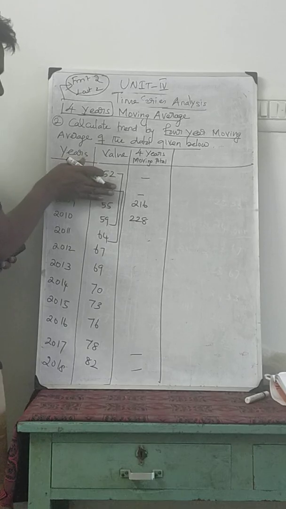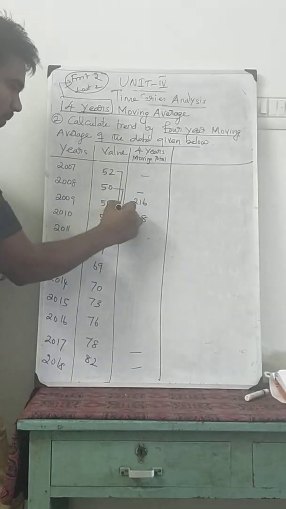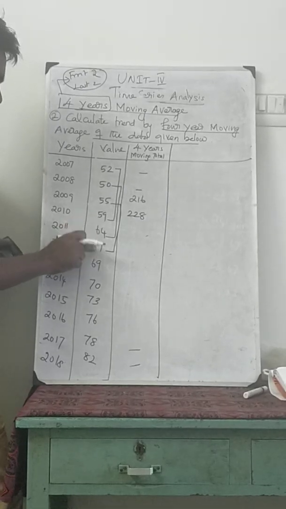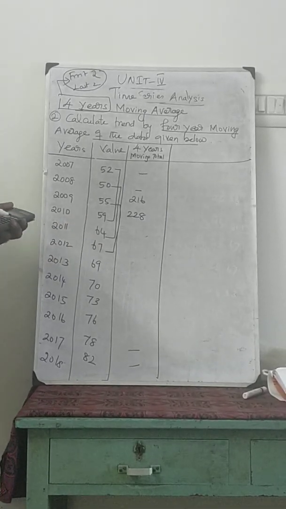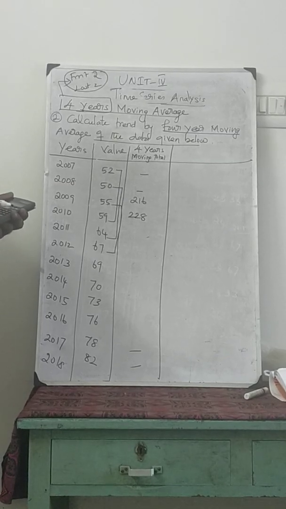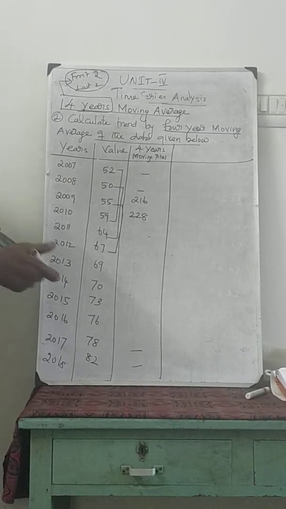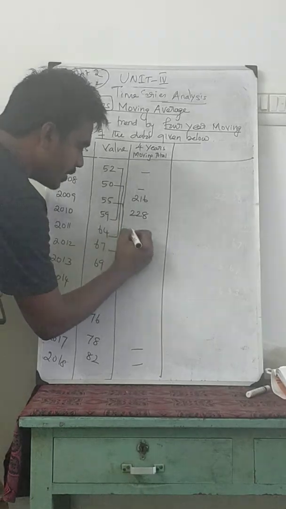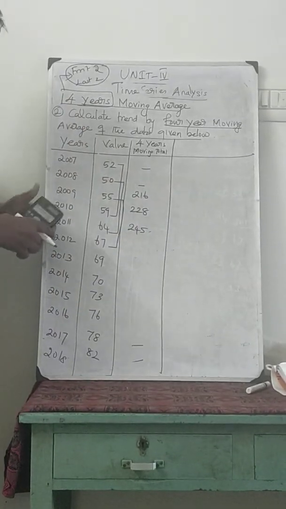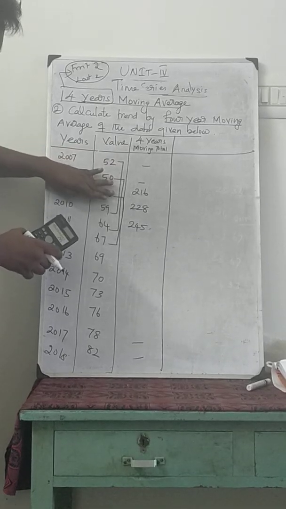What is the next one? You have to forget this 50. The next one is 55 plus 59 plus 64 plus 67, which is 245. You have to write it in between the 4th and 5th. Next, forget this one.